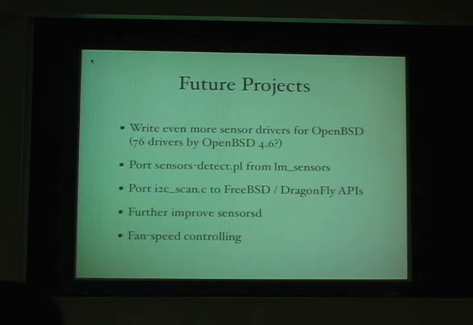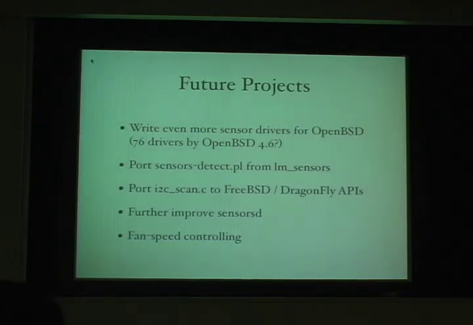Another interesting project could be porting sensors-detect.pl from lm-sensors. sensors-detect.pl is a Perl script that runs through I2C devices, looking for devices on the I2C bus, and it detects which chips are present on the bus.